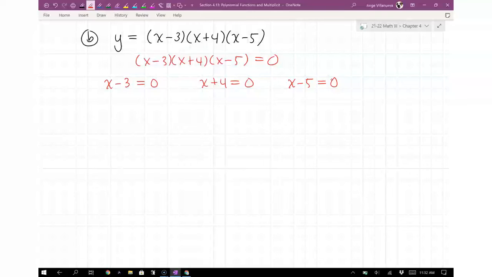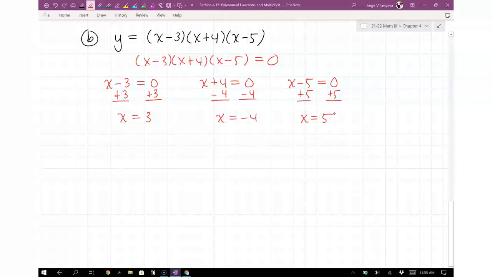So now if we go ahead and solve, we'll add 3 on both sides for this one. So x equals 3. Over here we'll subtract 4. So x equals negative 4. And over here we're going to add 5. So x equals 5.